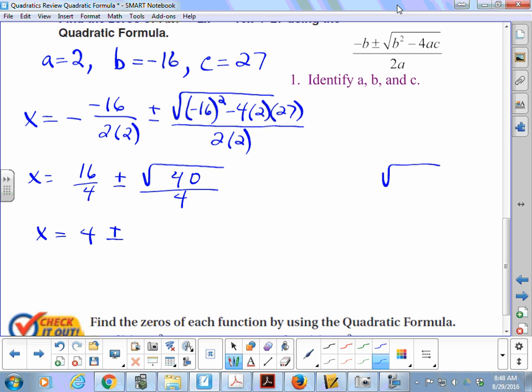So it's the square root of 4 times 10, and the square root of 4 is 2, so this is 2 square roots of 10 over 4. And then we're going to simplify this fraction. So we get 4 plus or minus the square root of 10 over 2 would be our correct answer.